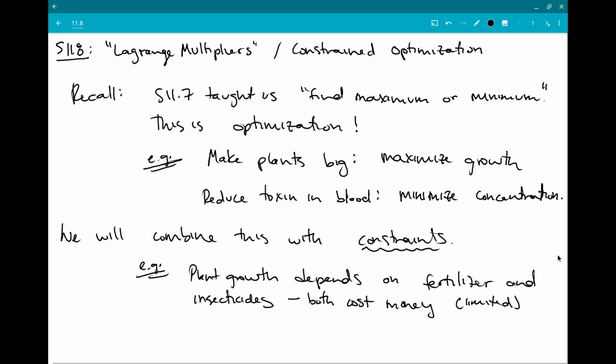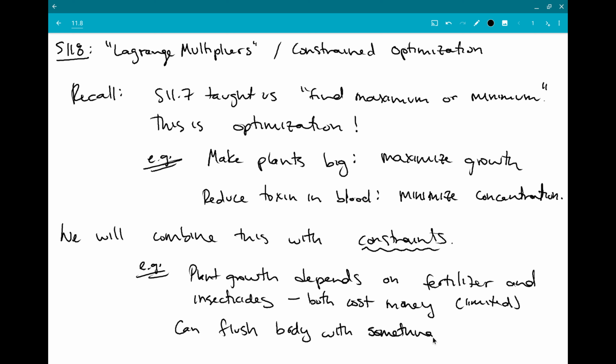Or reducing toxin in blood. Maybe you can, I don't know, you can flush, well, not the blood. You can flush the body with something to bind dangerous toxins.